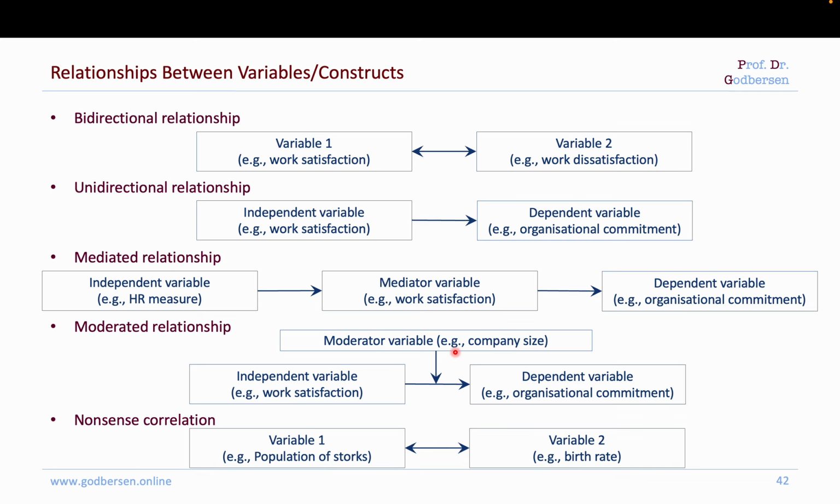In a sense, it depends if I'm working in a small, medium, or large company, how strong this effect of the independent variable on the dependent variable is. Perhaps in a small company, the effect of the independent variable on the dependent variable is stronger than in a large company, or the other way around. And of course, we have nonsense correlations.